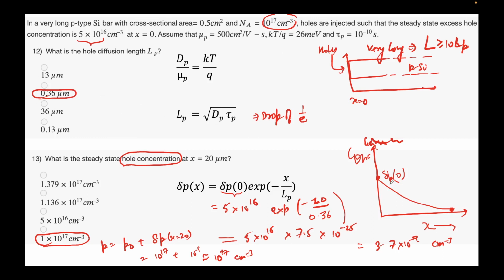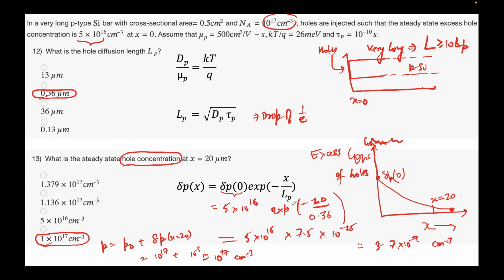Then we determined at x equal to 20, which is somewhere over here, what the excess concentration is, mind you. So this is the excess concentration of holes on the y-axis.